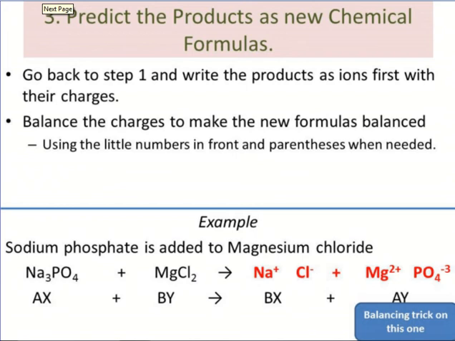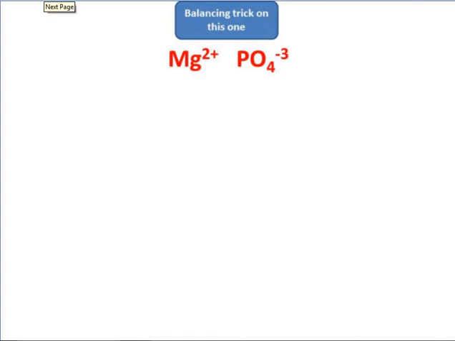So if I look here, I brought over the Na+, and I've got the Cl minus, not Cl2, but Cl minus, that's the ion. I've got magnesium 2+, and my phosphate ion, which is PO4 3 minus. There is a trick to this one, which we're going to walk through right now to make sure we do that one properly. Okay, so I've got magnesium 2+ and my phosphate 3 minus.